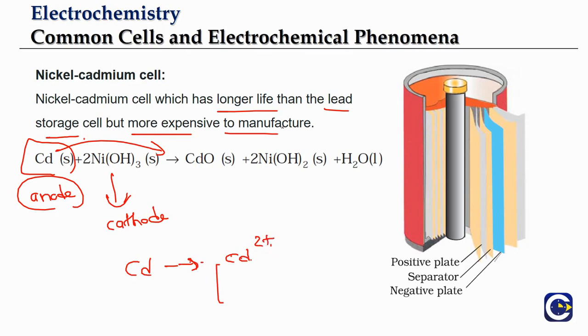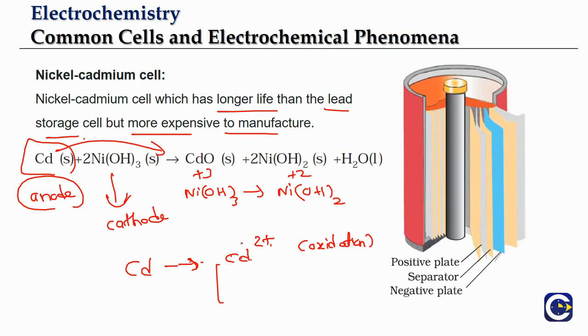It is undergoing oxidation, and this is the oxidation part. And what is happening at the cathode? The cathode is nickel trioxide, in which nickel plus 3 is becoming nickel plus 2. So nickel is undergoing reduction. That is why it is the cathode.